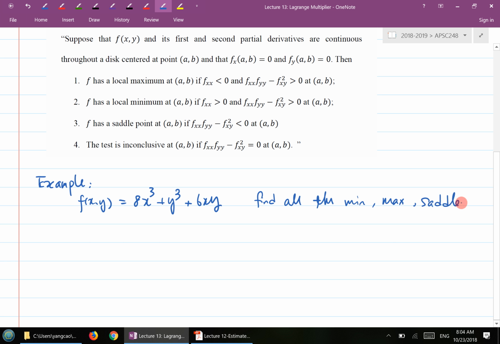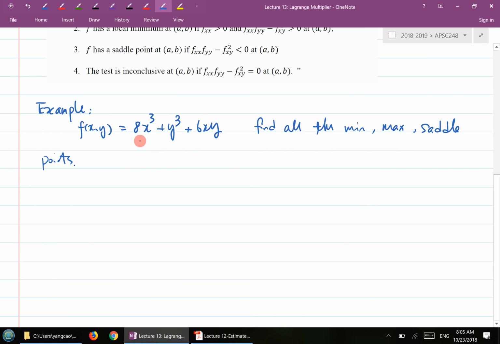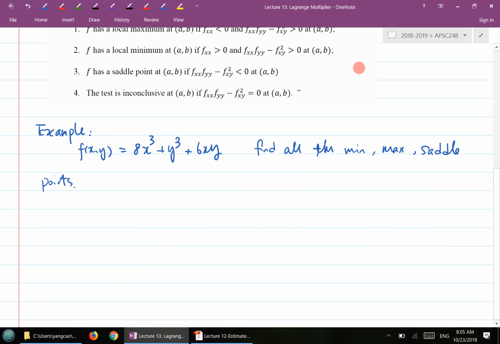At this stage we don't know which, so we just need to find out what type of critical points exist for this function. Bear in mind, this theory applies to functions of two variables. If you have a function of more than two variables, there will be a slightly different version of the theories. So let's apply these two theories to solve this question.